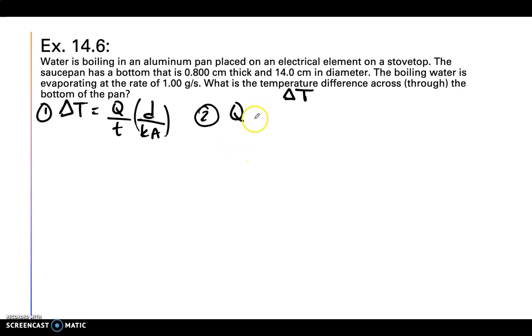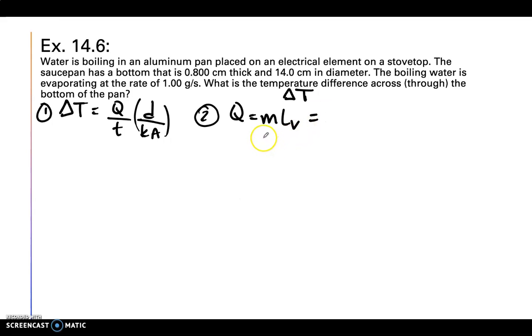So that's going to be m times L vaporization. We first want to figure out Q here.